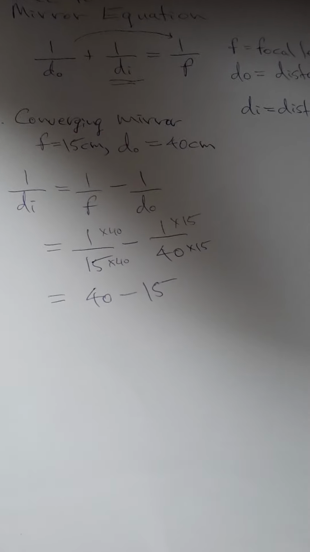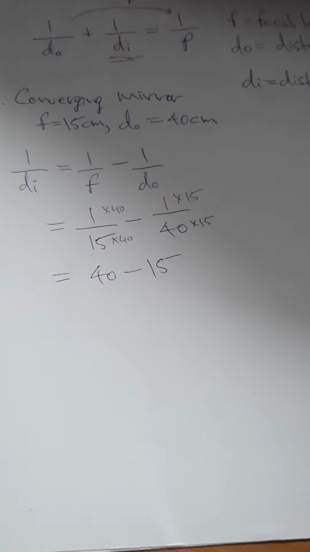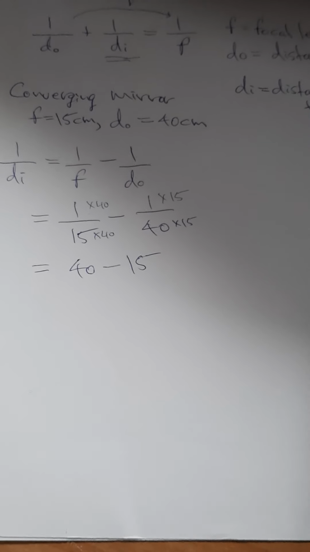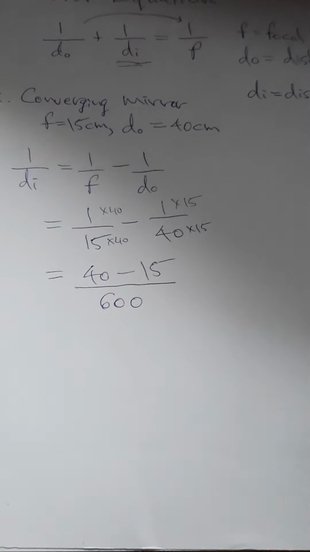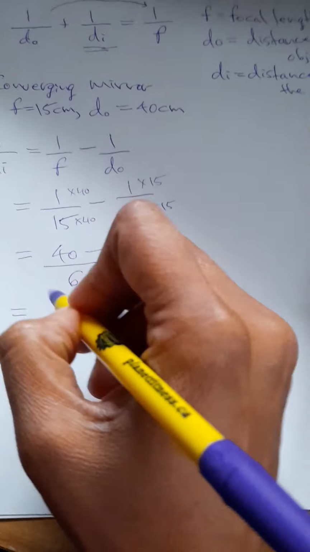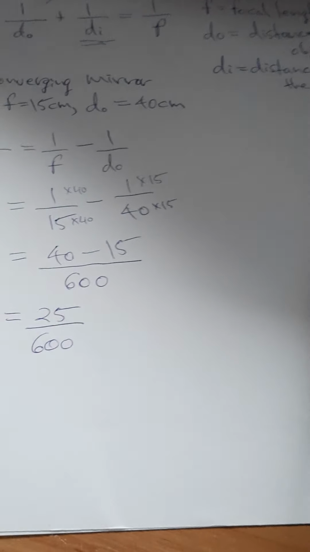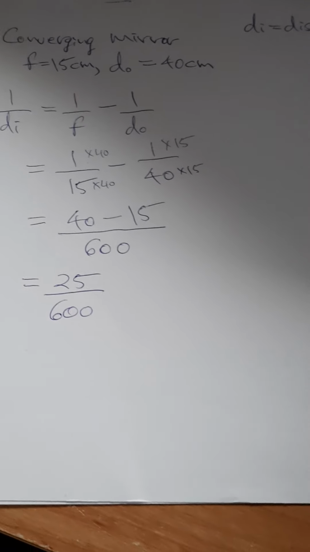That's what I see on the top there. And then the common denominator: 15 times 40, which is 600. Don't worry about it being a fraction, and I'm not going to really reduce it here. So I have 25 over 600, after I subtract on the top for the numerator.